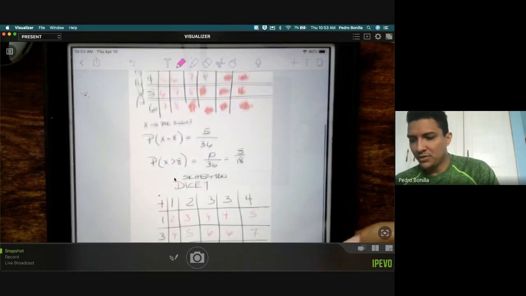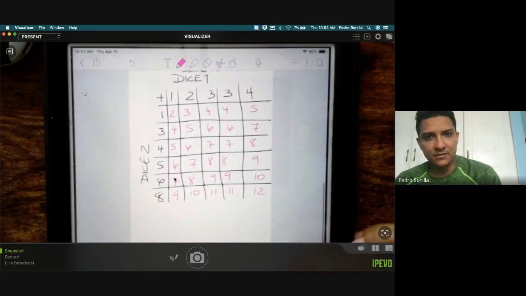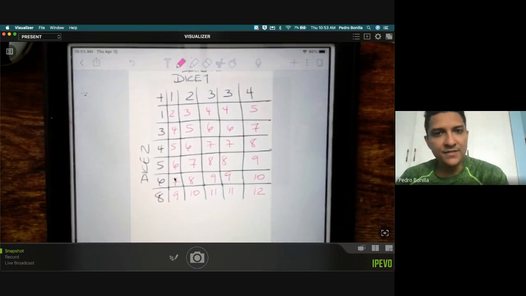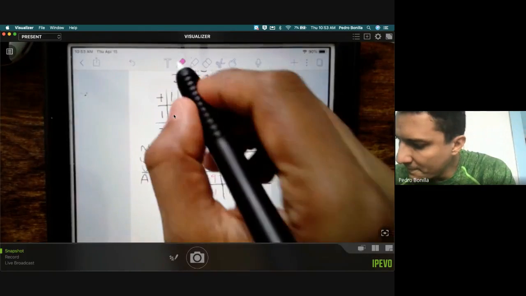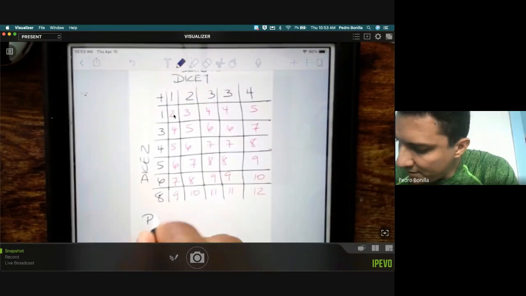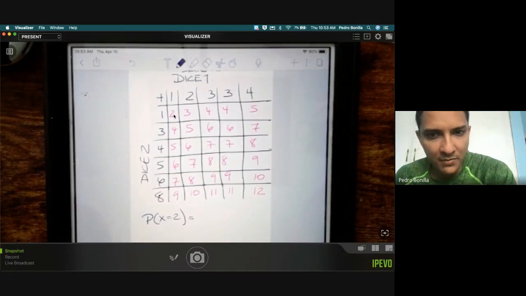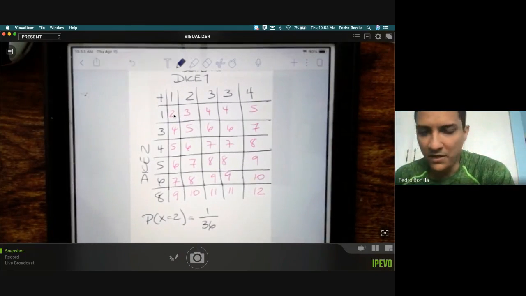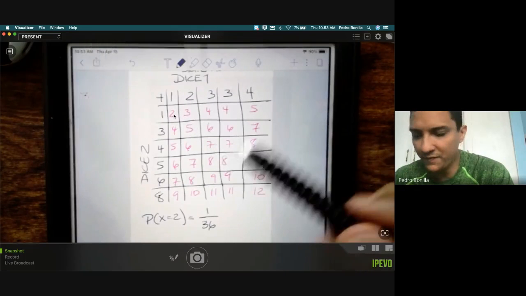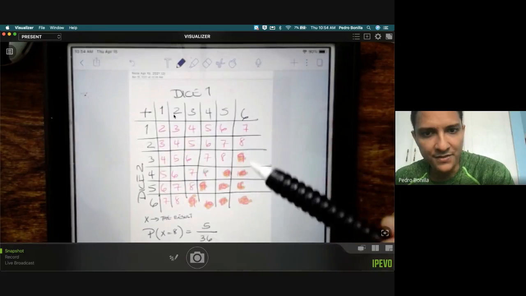So let's try it. Let's start with, for example, 2. The probability that the result is 2, in how many ways? 1 out of 36, because this is also a matrix. If you notice here, 1 out of 36.